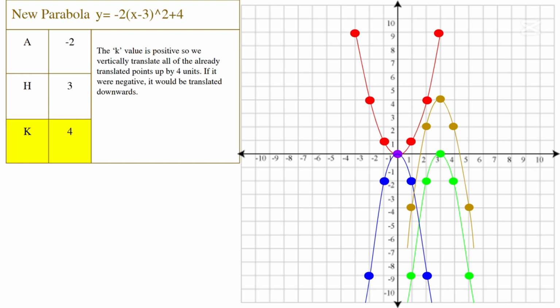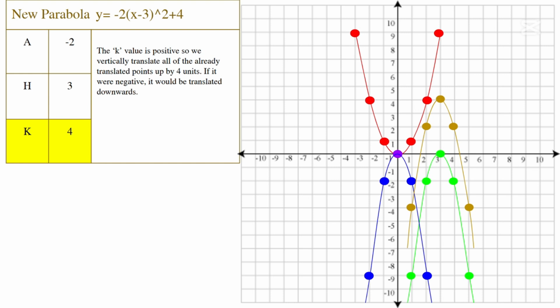And the last value in our new parabola is the k value. This can be found at the very end of your equation. The k value is used to translate your parabola up and down.